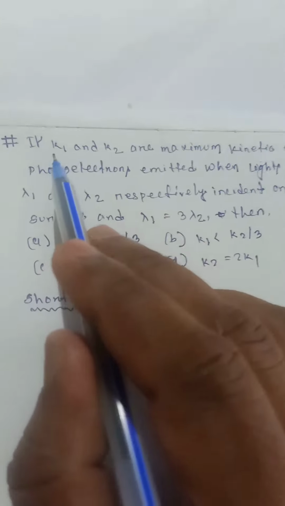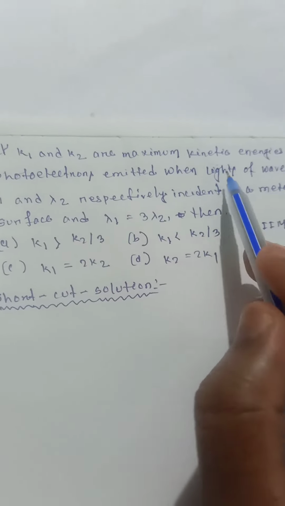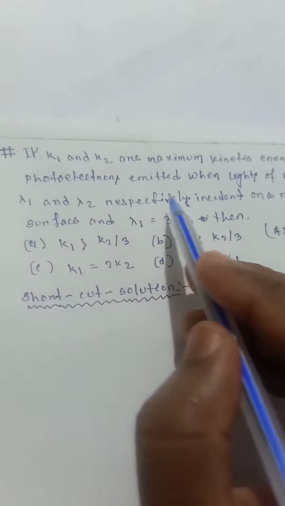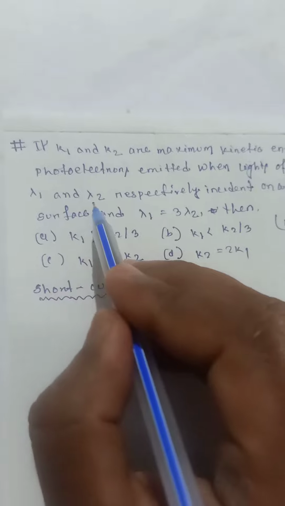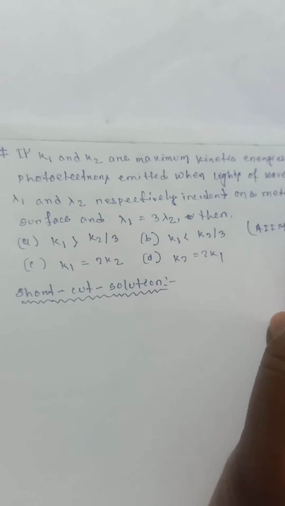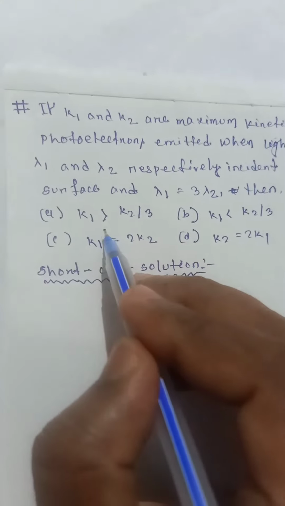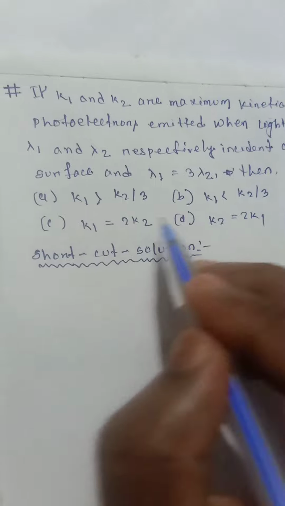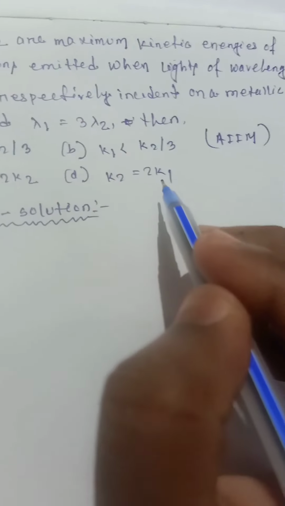The options are: K1 greater than K2 by 3, K1 less than K2 by 3, K1 equal to 2 times K2, or K2 equal to 2 times K1.